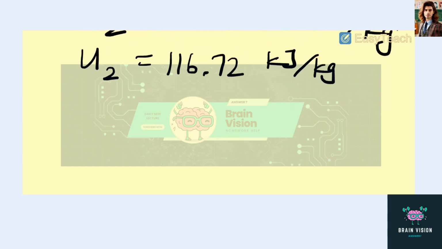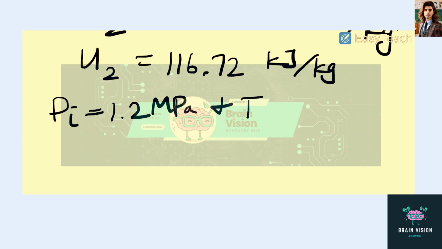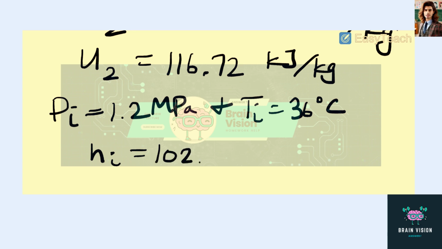Then we're going to solve for the specific enthalpy of the refrigerant entering the rigid tank. Using the supply line quantities of Pi equal to 1.2 MPa and the entering temperature of 36 degrees C, we'll see that the enthalpy of the refrigerant entering is 102.34 kilojoules per kilogram.